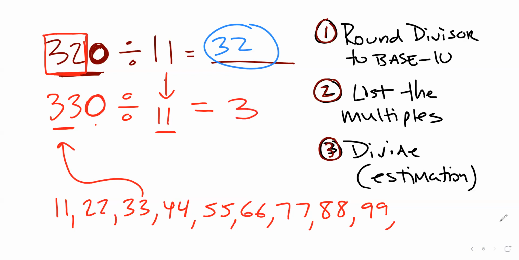This 0 does not have a match, so I'll give it a match. And then I could also estimate this one as being about 30. Both of these really work. In fact, one might be a little more accurate than the other. I don't know. They're so close. I think both of these work really well. So that's one thing to keep in mind: yes, we have these really cool steps that help us make sense of it.